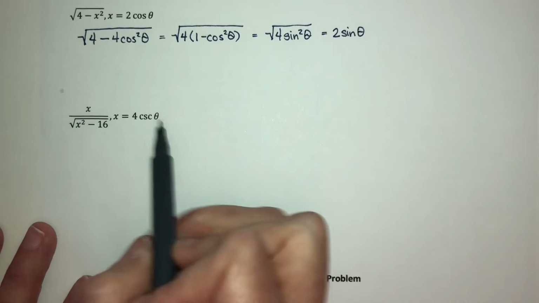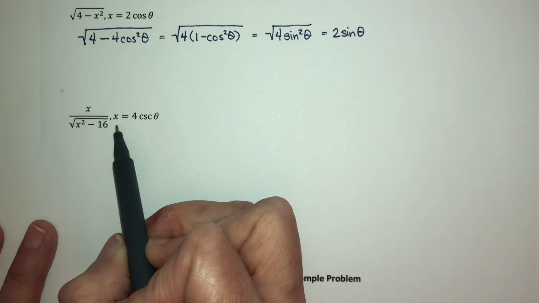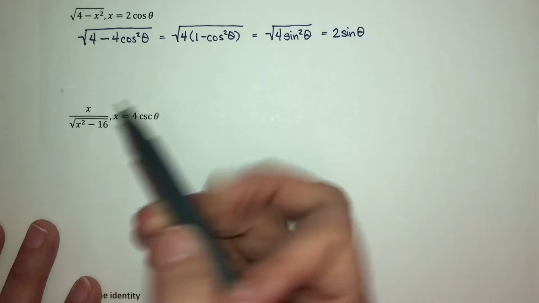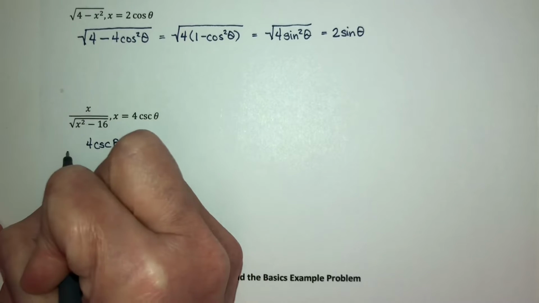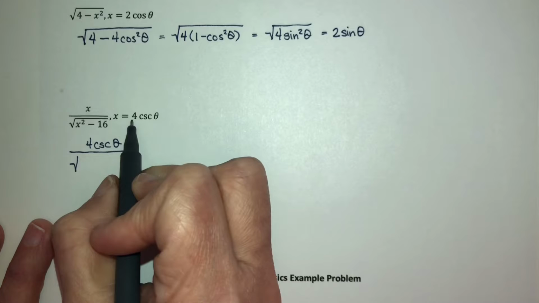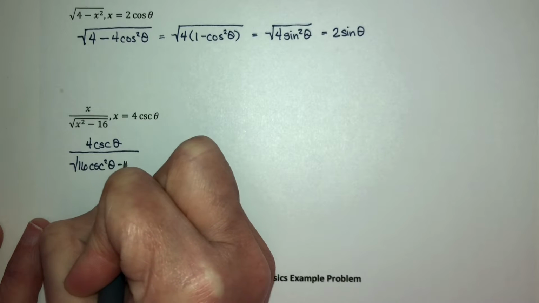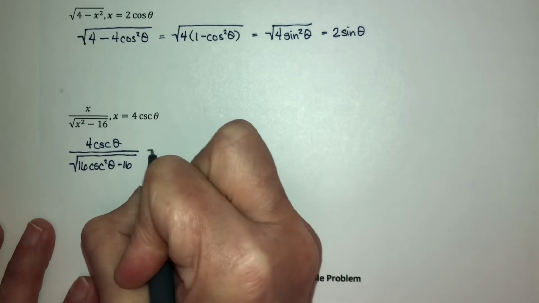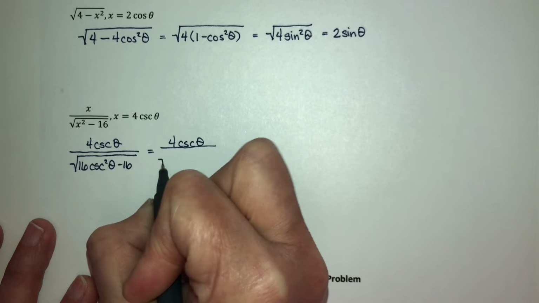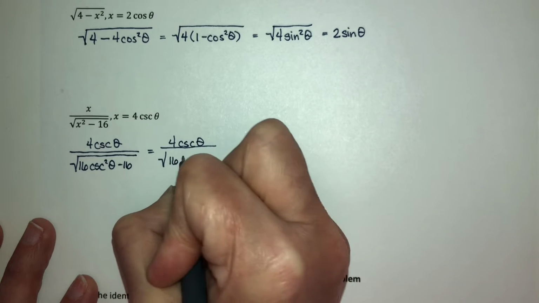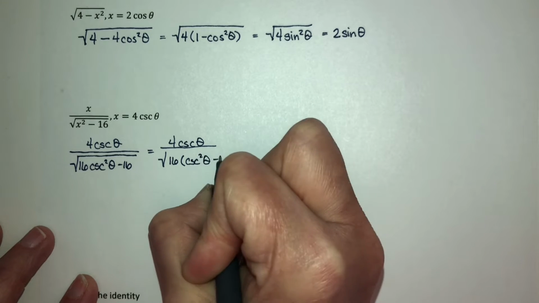Okay, similar problem here. We're given x over the square root of x squared minus 16, and they want us to substitute 4 cosecant theta for x. So this would be 4 cosecant theta over the square root of, if I square this, I get 16 cosecant squared of theta minus 16. Factor a 16 out of this to get cosecant squared theta minus 1.